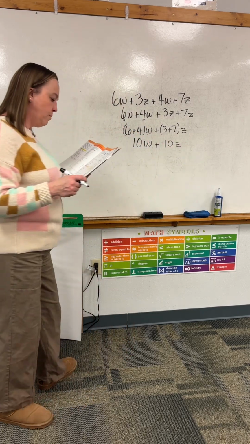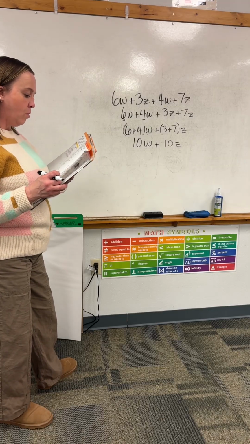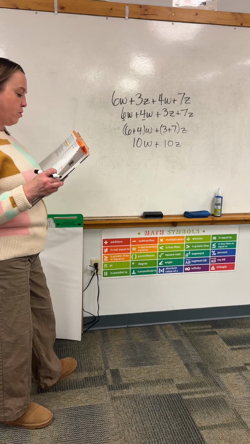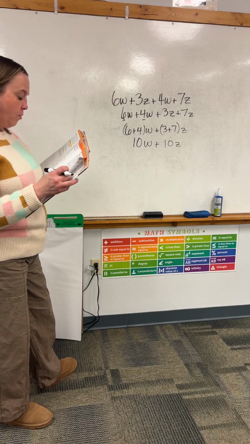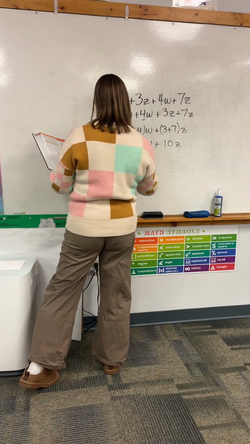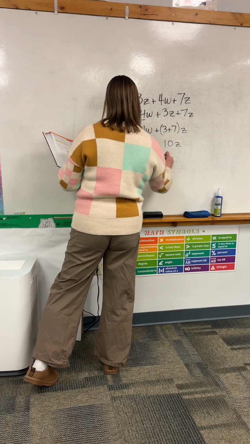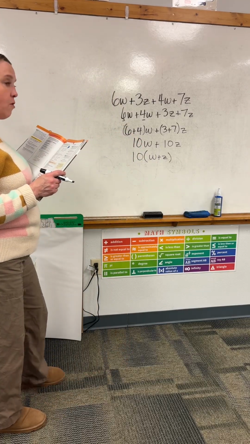We've actually added them. And so then whenever we look at the distributive property, we're trying to decide if both expressions are equal to each other. So we're going to use the distributive property, and we're going to say 10 times (w plus z), because that's exactly the same thing. They're both 10s and they're both being multiplied.